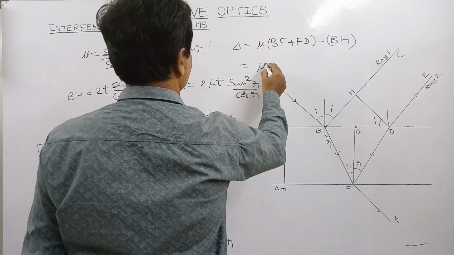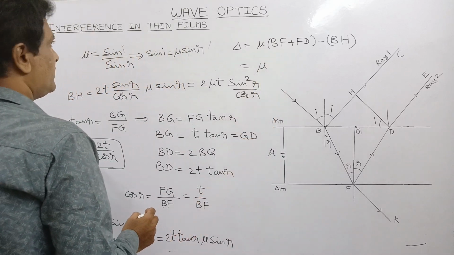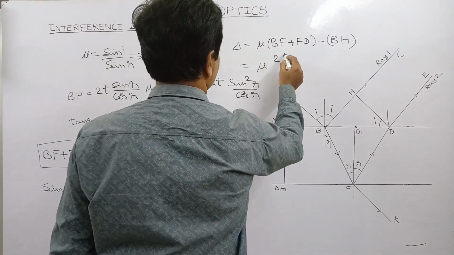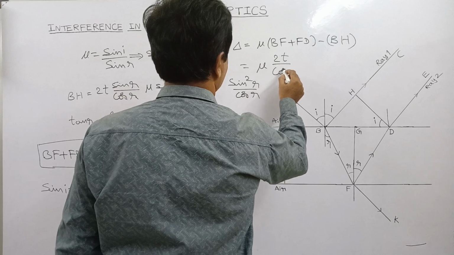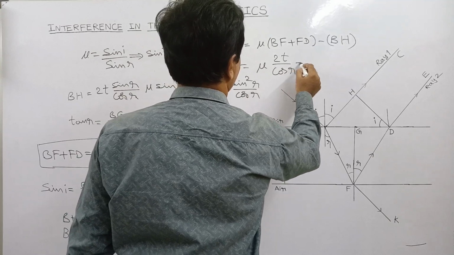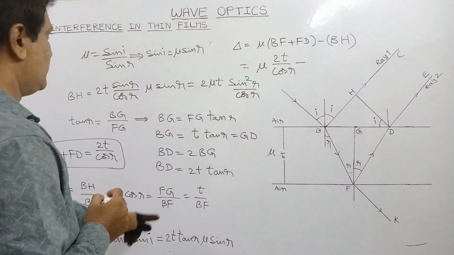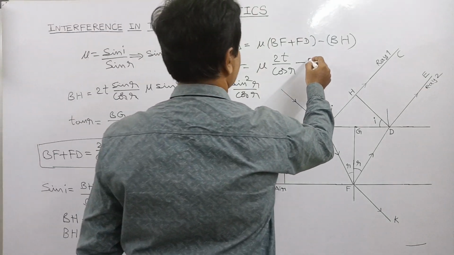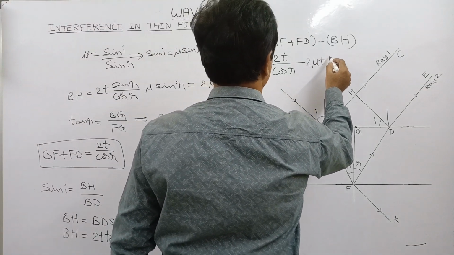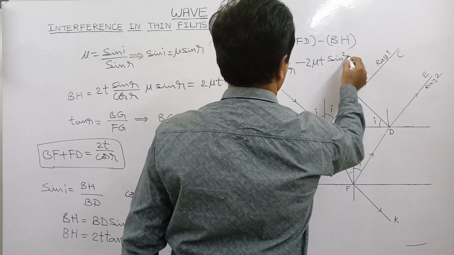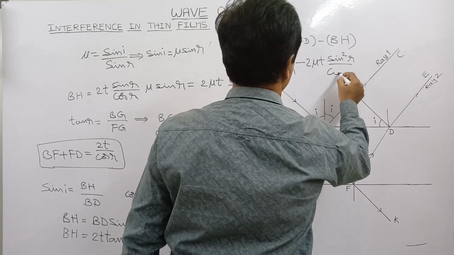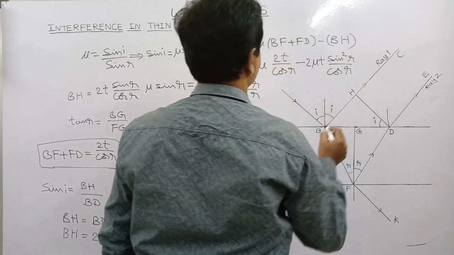We get mu into 2t by cos r minus 2 mu t sin square r by cos r.